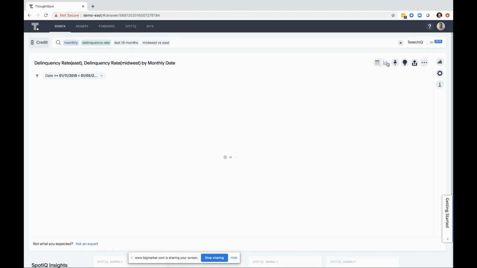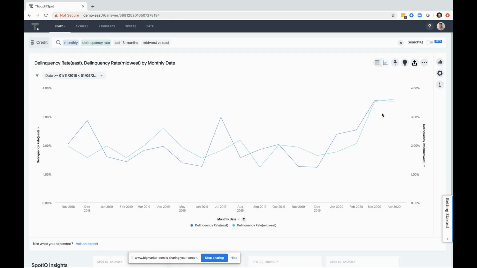So this is now showing me the differences between those two. Okay, it shows that both regions have had an increase over the last few months. East has fluctuated potentially a little bit more than Midwest. And there are certain things that you can drill into and look at potentially.